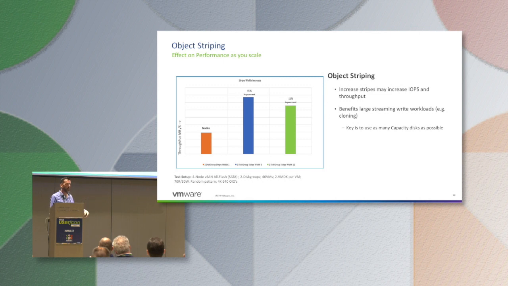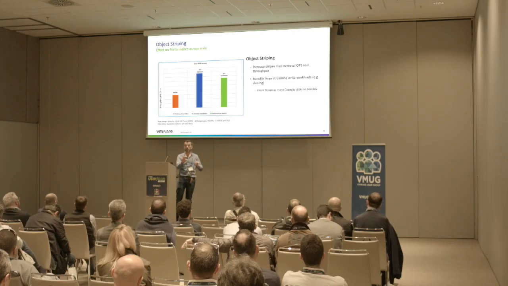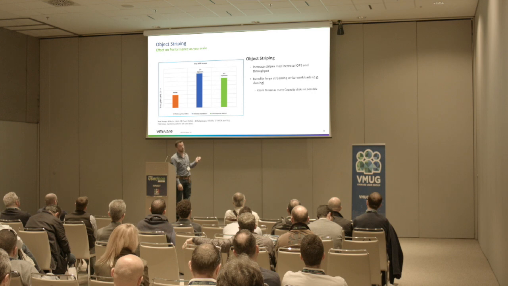Then I set a stripe width of 3. Why did I pick 3? Each of my disk groups had 3 capacity devices, so when I stripe to 3, I place as many components on those capacity disks as possible. What I found is a significant improvement on a 70-30 mix.